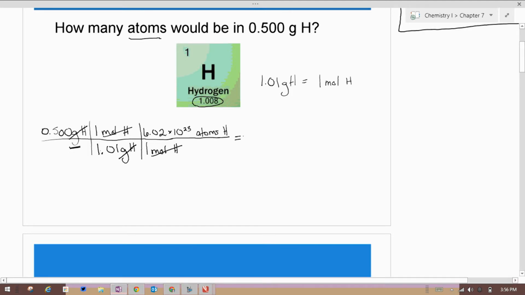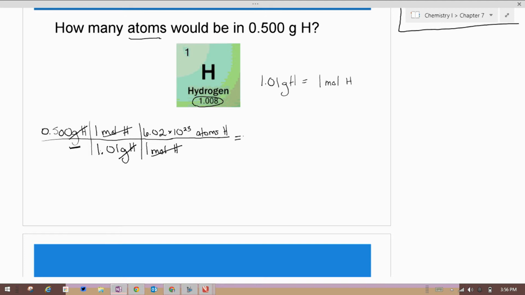So what I'm going to do now is type this into my calculator. As a little reminder, when we are typing in this 6.02 times 10 to the 23rd, what we're going to type in is 6.02, second, comma, 23. I don't type anything else but that. I don't put a times sign.